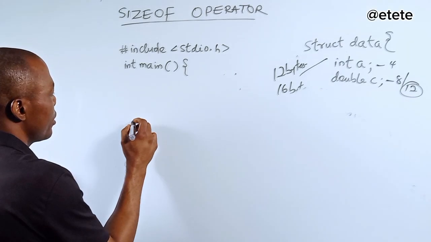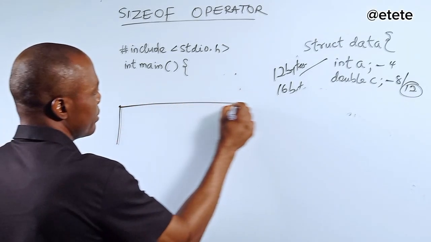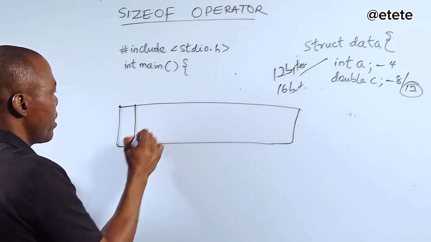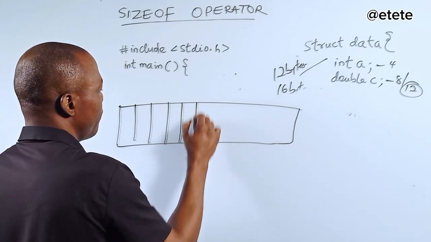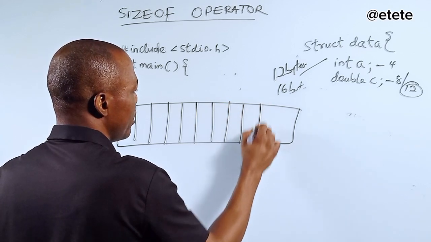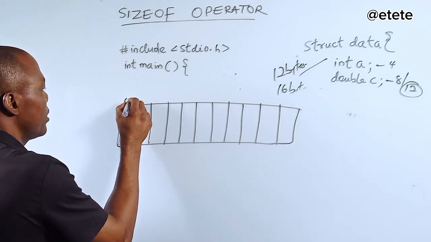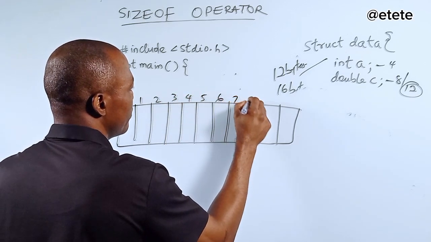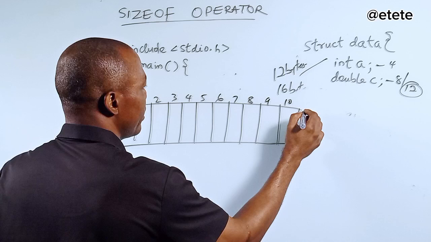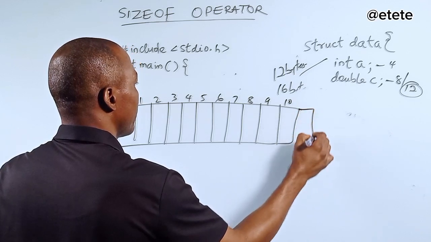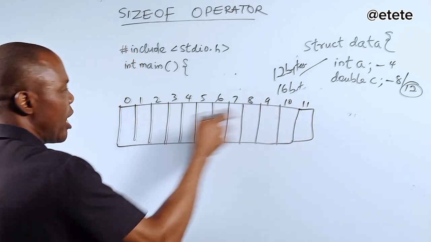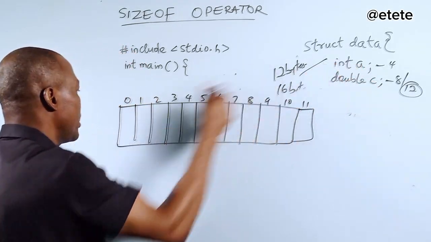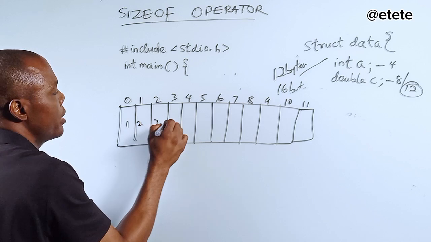In the memory, you have something like this, right? You're having 1, 2, 3, 4, 5, 6, 7, 8, 9, 10, 11, 12. Now, this struct should have 12 because the integer is going to give you 1, 2, 3, 4.